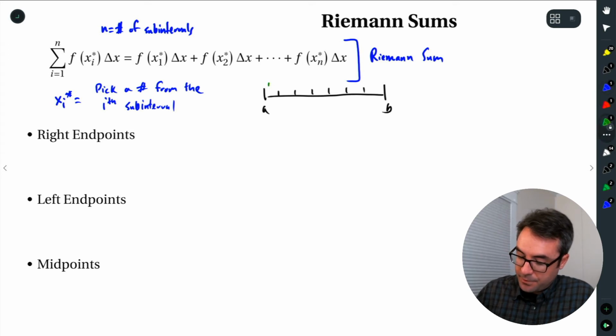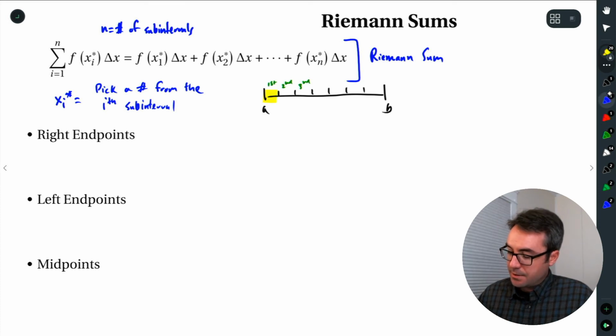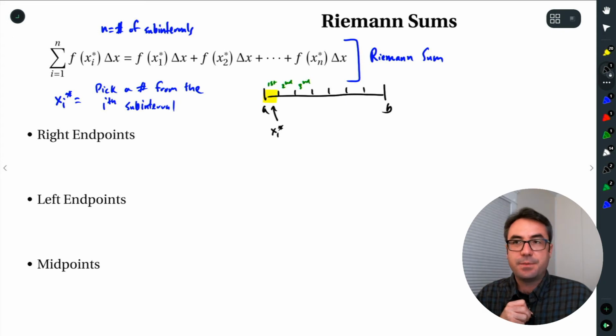So we have our first subinterval here, we have our second subinterval, we have our third one, and so on. And for our first subinterval, say, we're just going to pick some number in that subinterval. So for this first subinterval, x1 star gets picked from that first subinterval.